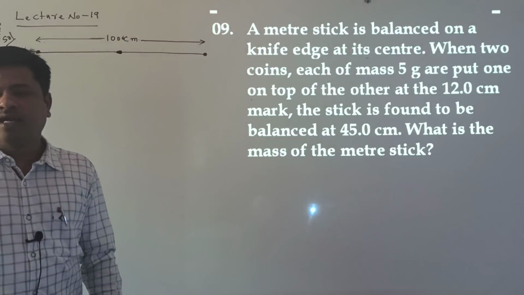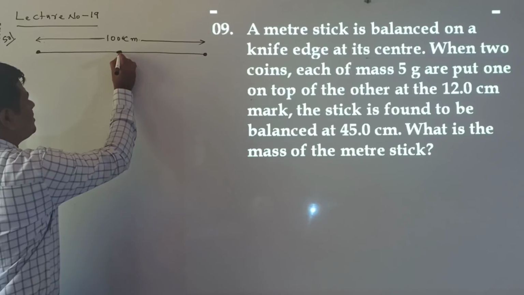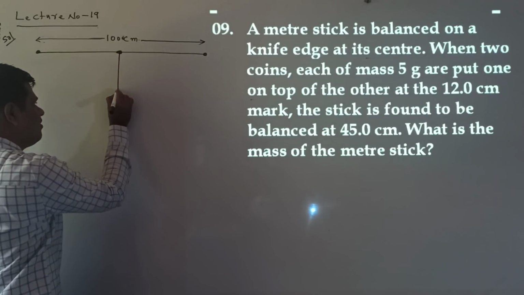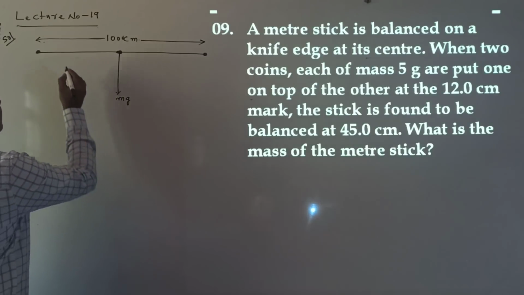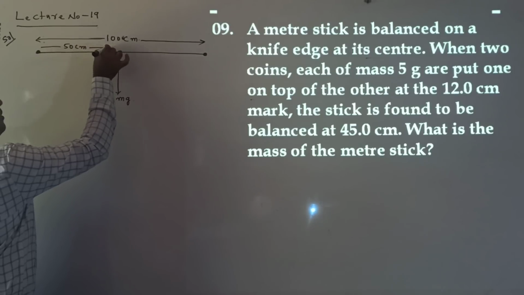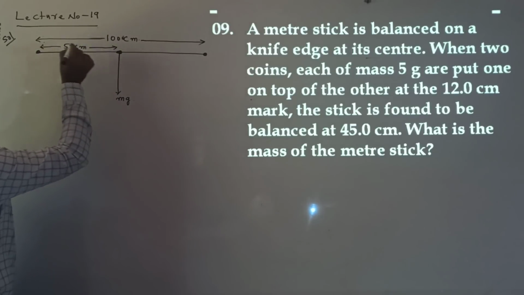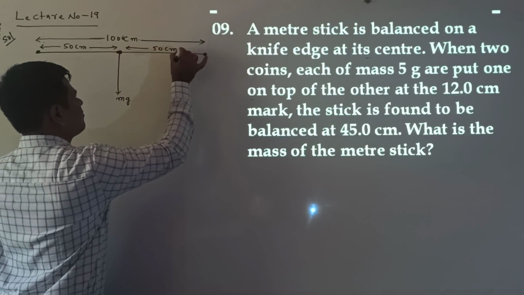Balanced at the center means its weight is acting at the center point. Up to this one is 50 centimeters, and this one also 50 centimeters, center to ends.